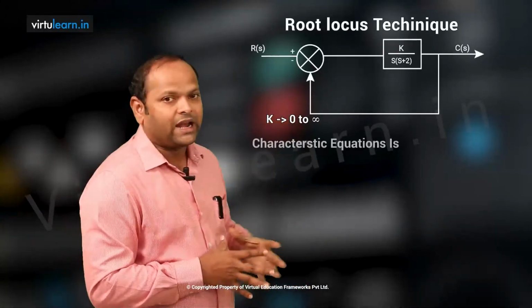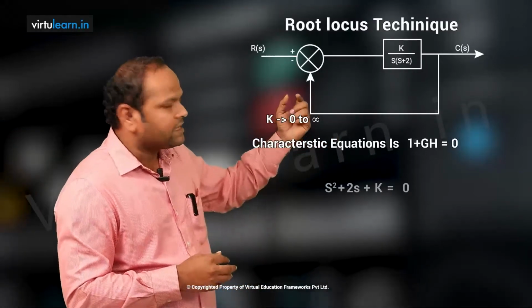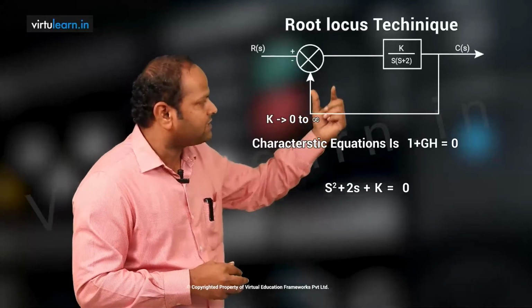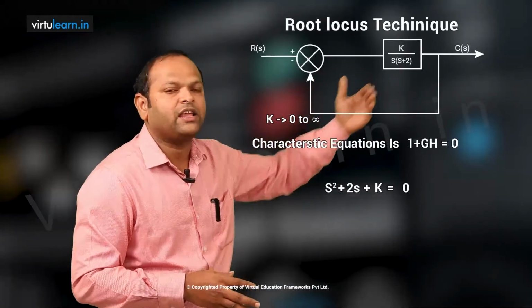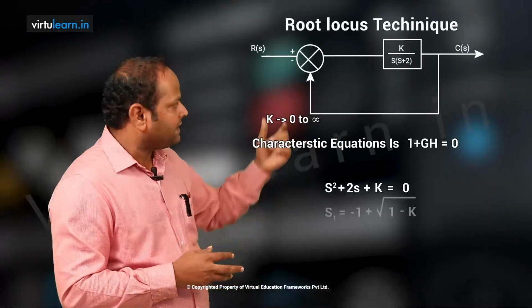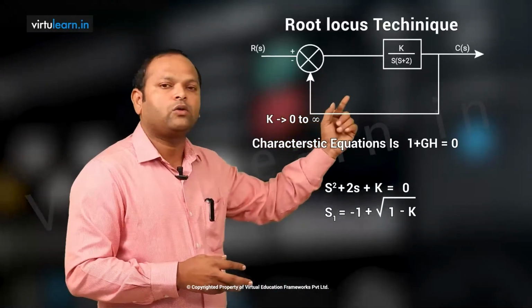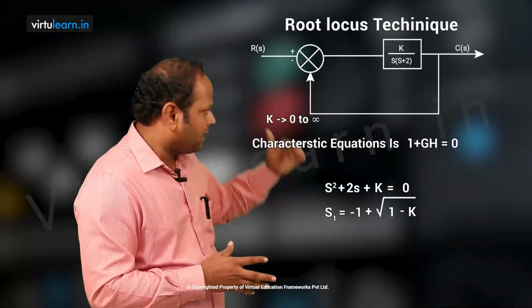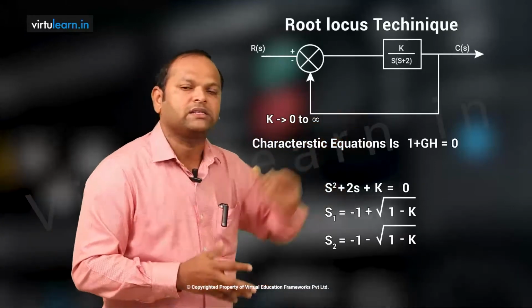So, let us do it that way for this particular problem. Let us write the characteristic equation 1 plus GH equal to 0. So, we will be getting s square plus 2s plus k equal to 0. It is a simple second order equation. Then you can write two roots, that is s1 equal to minus 1 plus square root of 1 minus k, and the other root is s2 equal to minus 1 minus square root of 1 minus k.